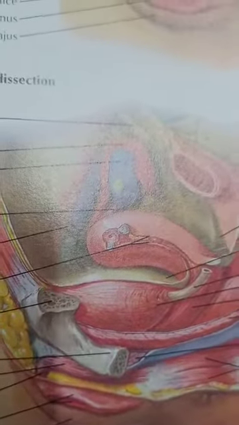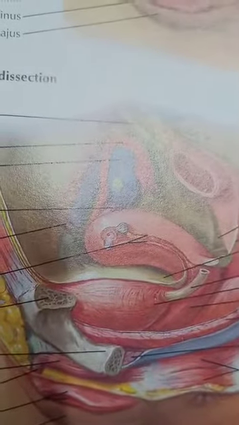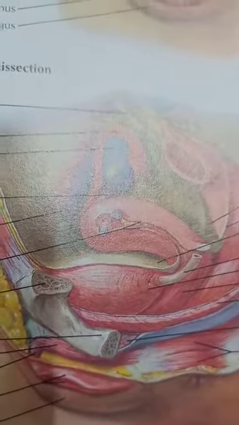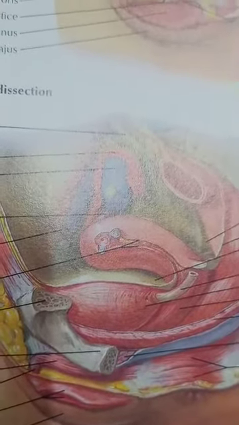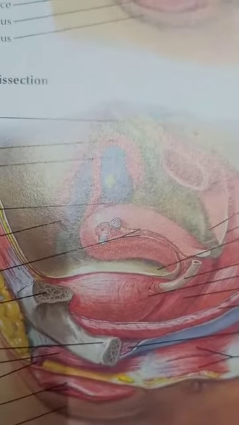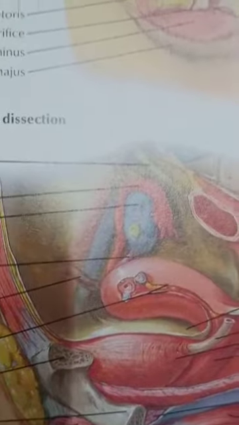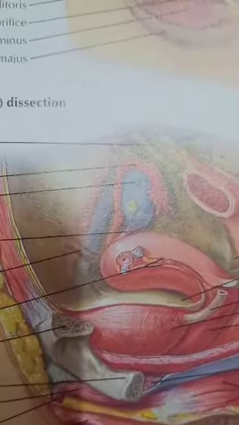The sympathetic is derived from T11 to L2 segments. Then the parasympathetic is derived from S2 to S4 segments.